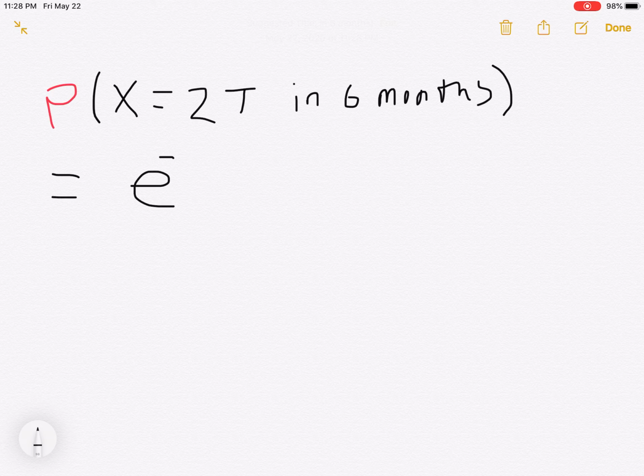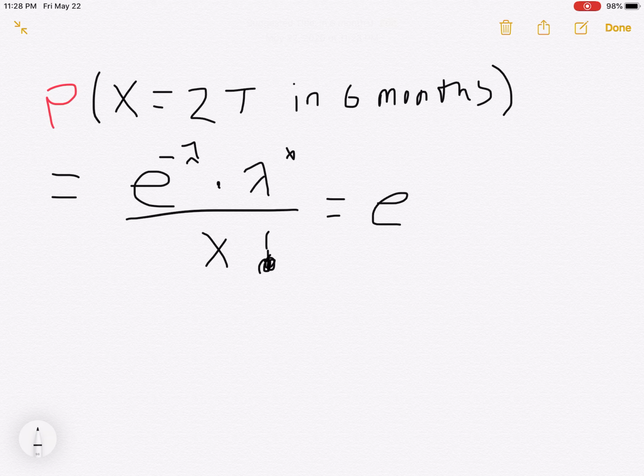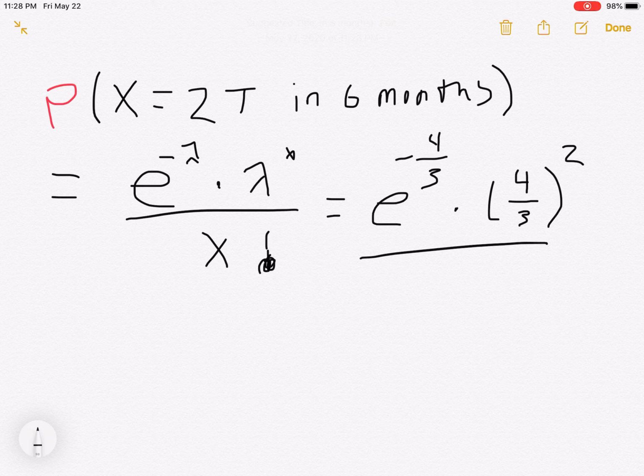And this is going to be e to the minus lambda times lambda to the x over x factorial. And we know what lambda is. Lambda is 4/3, so e to the minus 4/3 times 4/3 to the x, which is 2, divided by 2 factorial. Then we just need to quickly type this in our calculator.